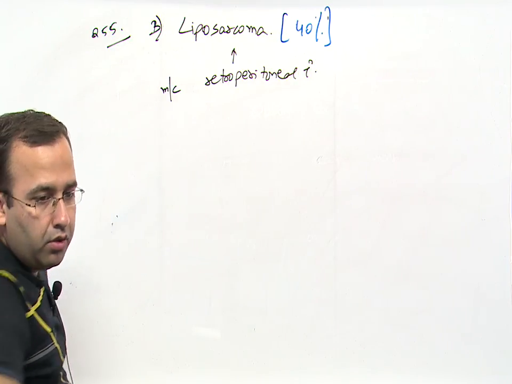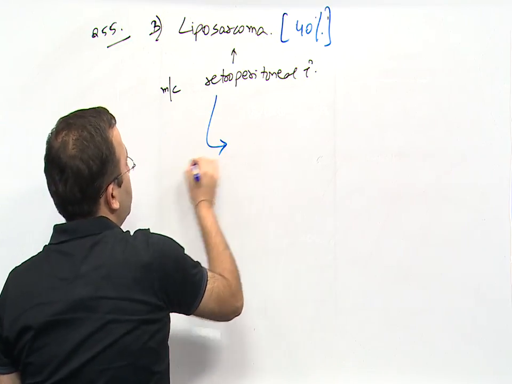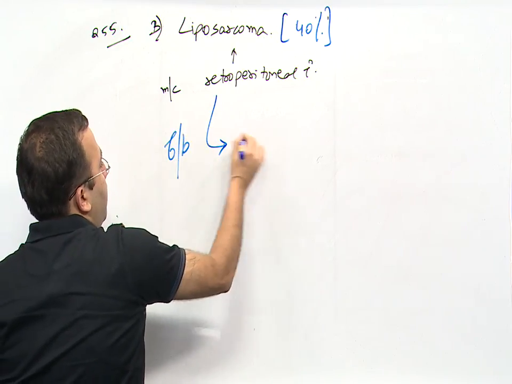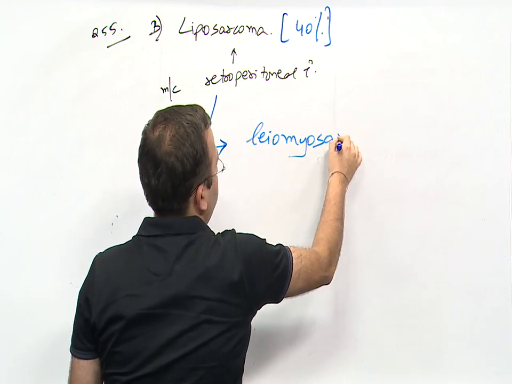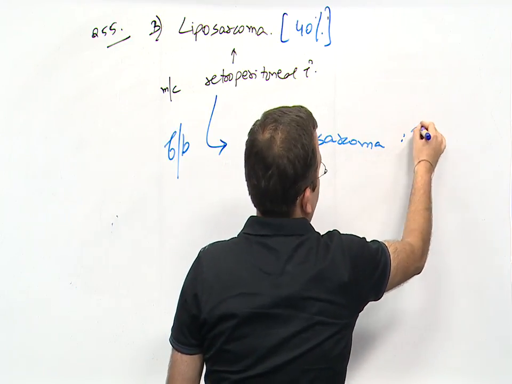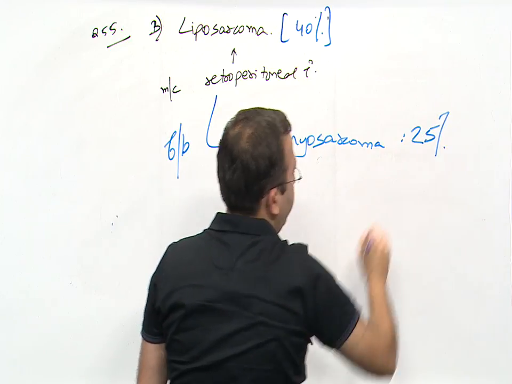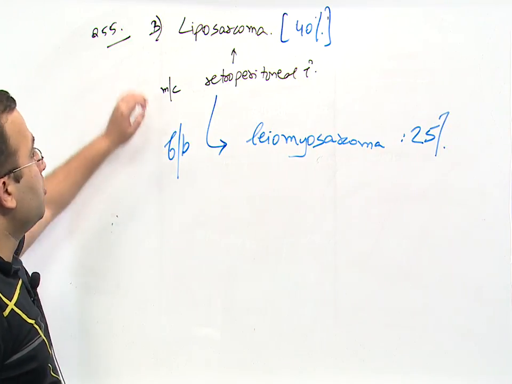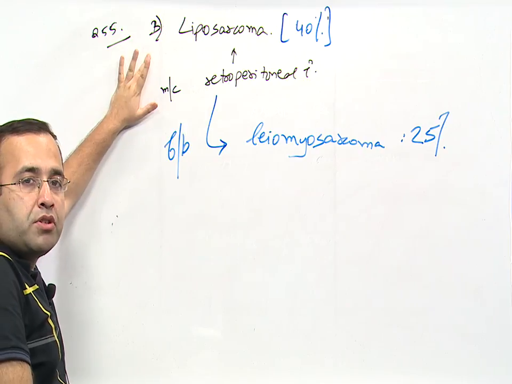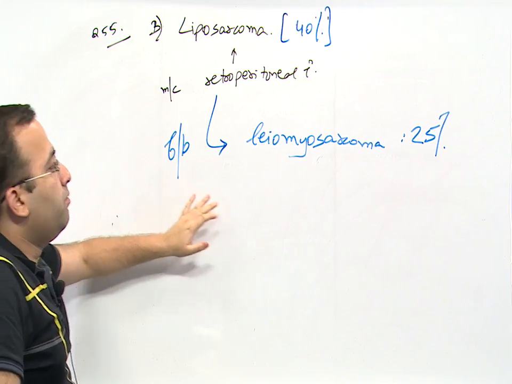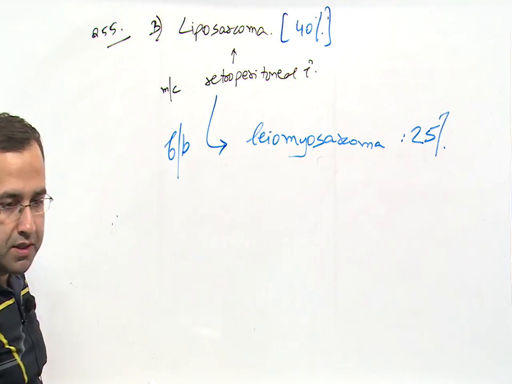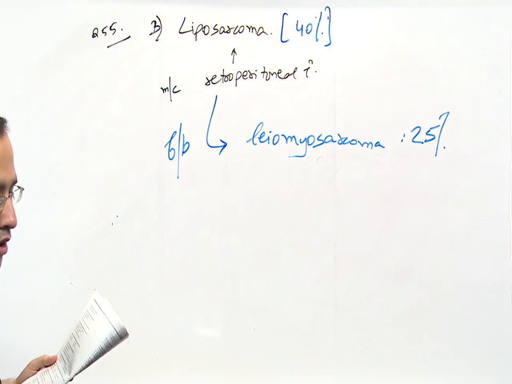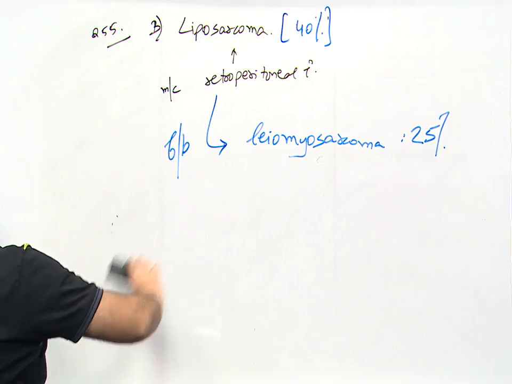This is followed by leiomyosarcoma, which accounts for 25%. Next point.